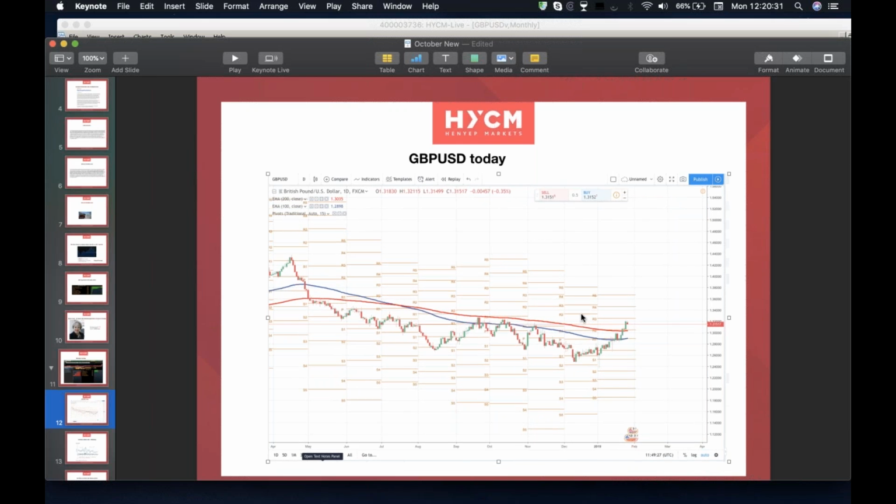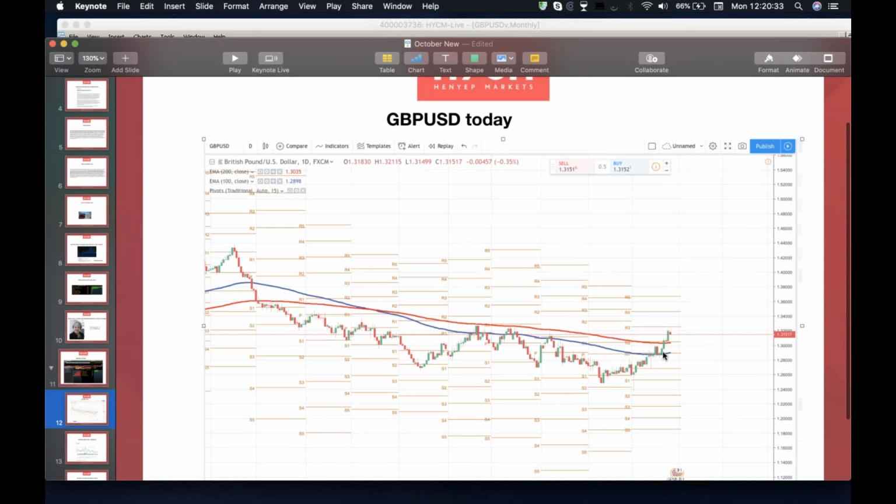These are the key risk levels that we have in the pound. Technically, we have a pivot point here on the daily chart. If price is going to carry on going up, then a key place where you'll find buyers is at the resistance 2 level, which also corresponds with the 200 exponential moving average around the 1.300 level. So in this zone would be the first zone we'd expect on a first test.